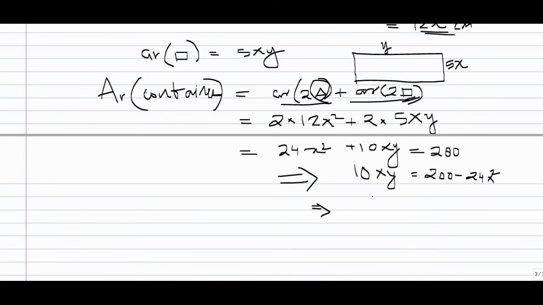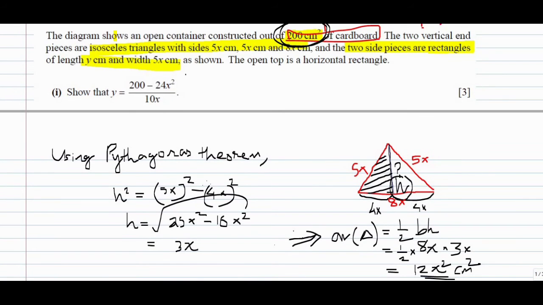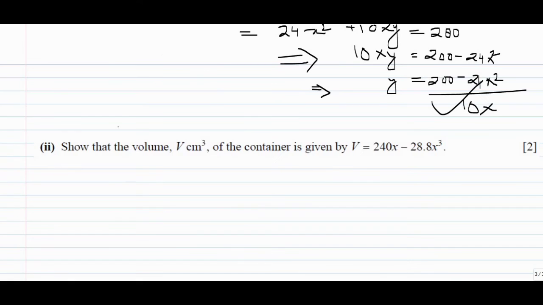It implies y is equal to, transpose 10x to right side, we get 200 minus 24x squared divided by 10x is the first answer, hence shown.